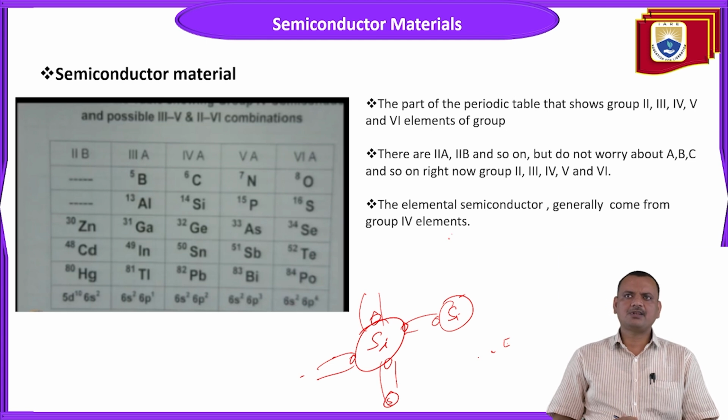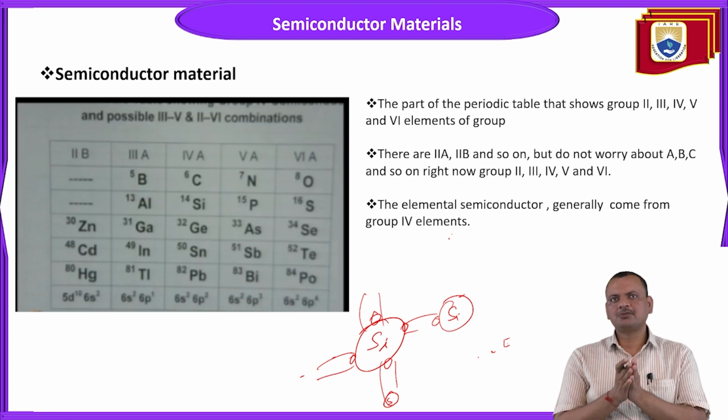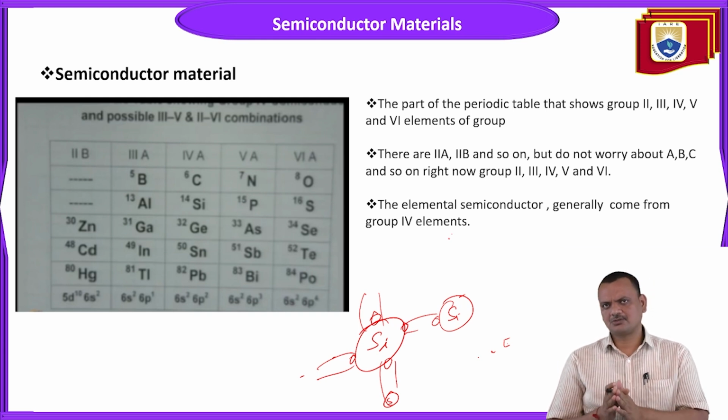The part of the periodic table shown here is group second, third, fourth, fifth, and sixth elements. Once you see the periodic table, there are mentioned third A, third B, or second B, fourth A, fifth A, sixth A. Don't be confused with A, B, C. Just take the group: second group, third group, fourth group, fifth group, or sixth group.